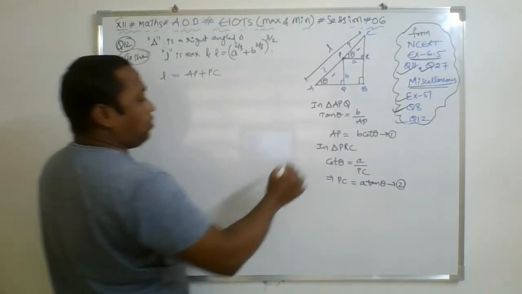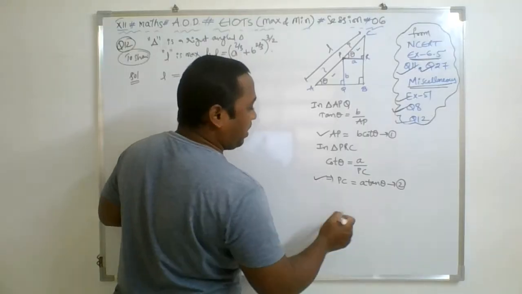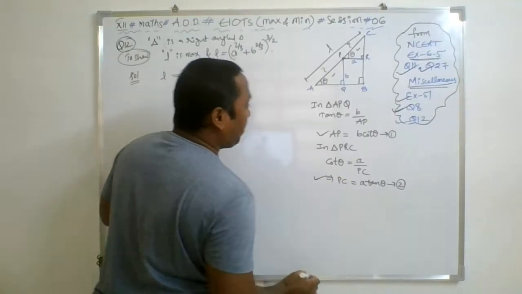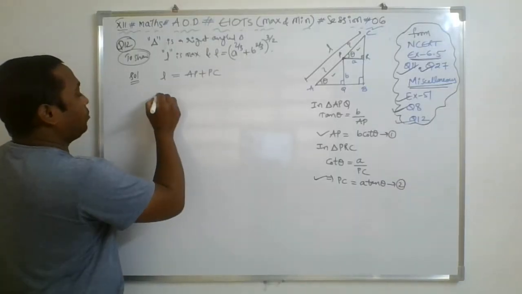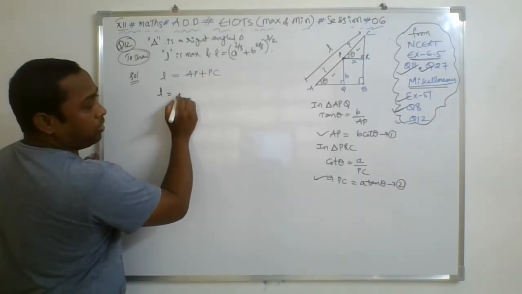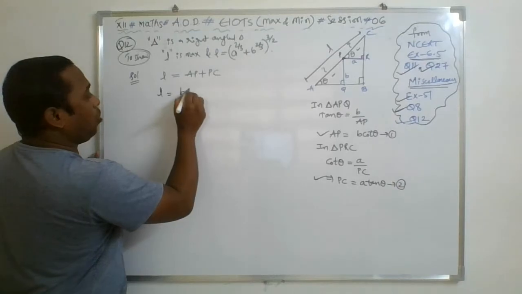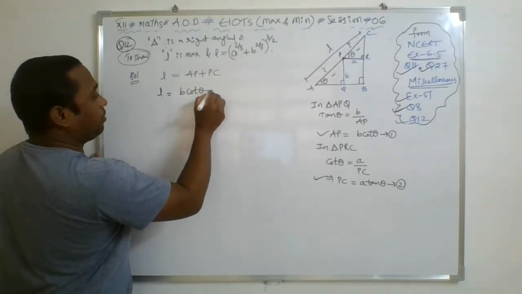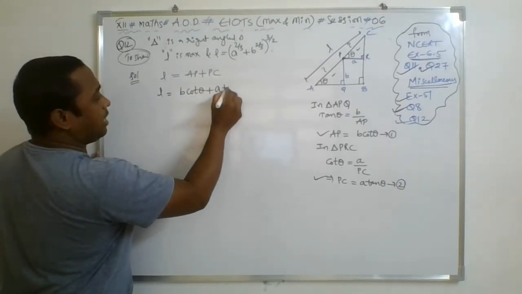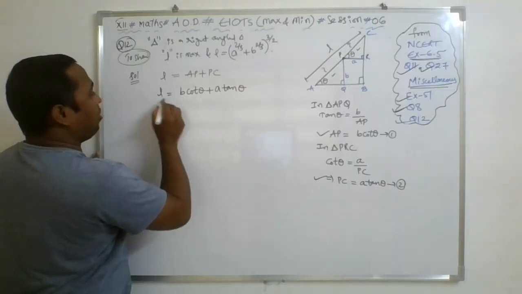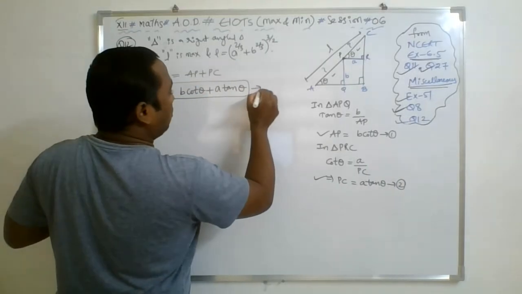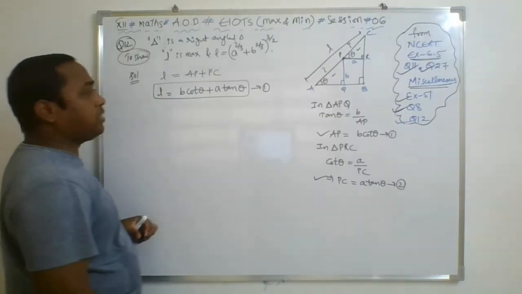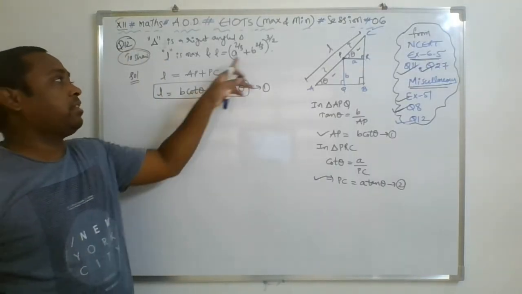So I now know the length of AP and the length of PC in terms of theta. Theta is a variable because I have introduced the variable. So I am writing L is equal to AP plus PC, that is B cot theta plus A tan theta. So I got a length function first, to do the derivative, to show its maximum and to find the length.